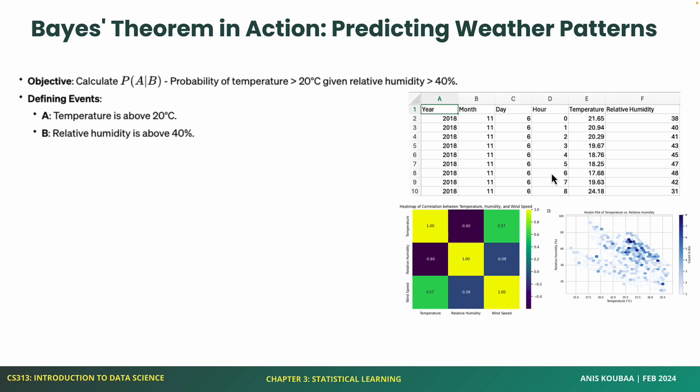But now, imagine you say, I want to calculate the probability of the temperature to be greater than 20 if the relative humidity is greater than 40%. Now, this is a conditional probability.